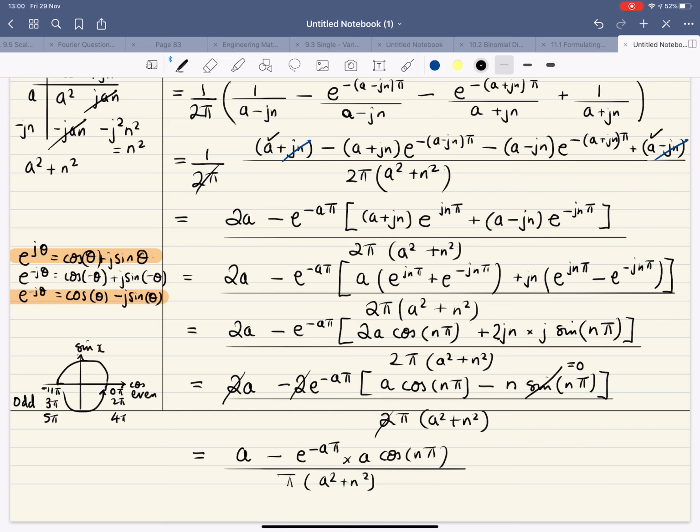Okay. And I'll need to turn this over onto the next page, unfortunately. I'm going to factorise as well when I go onto the next page.